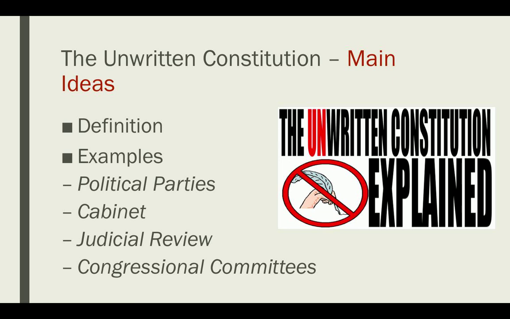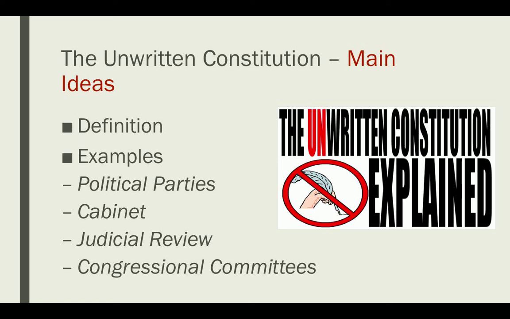Washington created the cabinet. He had a group of advisors, and that is just something that each president after that utilized and grew and came to have this greater group of advisors as the nation progressed.